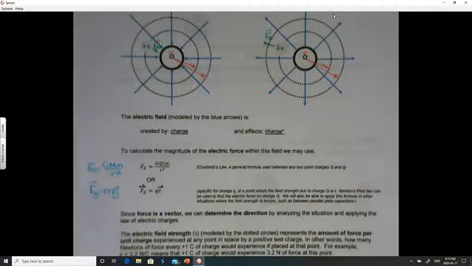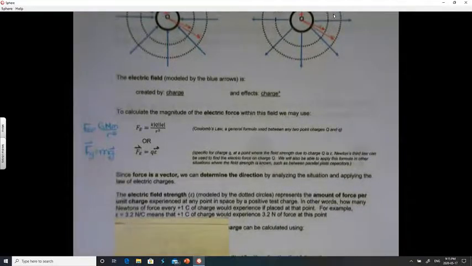So it's a quantity that tells us how much force every unit of charge would experience. So I've written an example down here for us. Right here. So if we had an electric field strength of 3.2 newtons per coulomb, it means that 1 coulomb of charge would experience 3.2 newtons of force at that point in space.